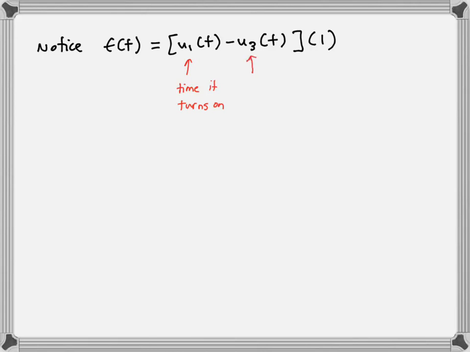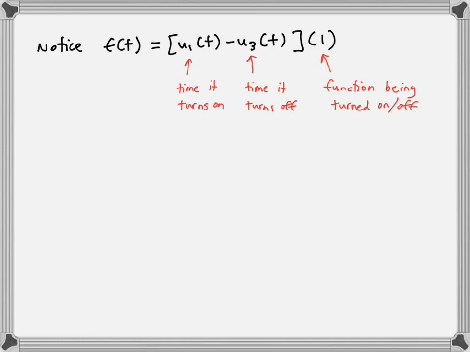This number right here is the time it turns off. And then this number that it's being multiplied by, or this function I should say, this is the function being turned on. Or off.